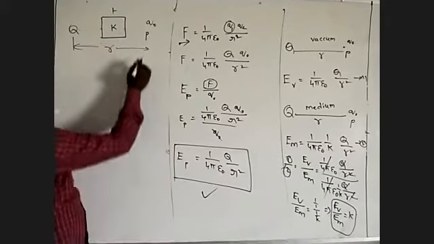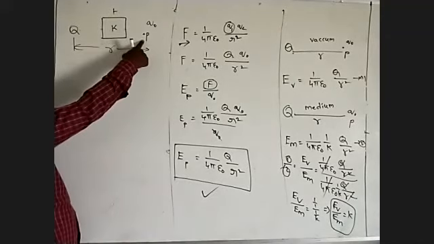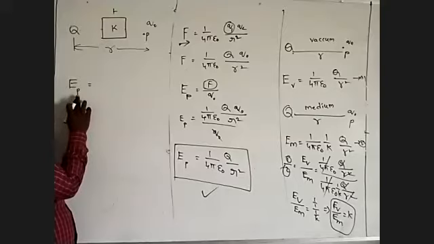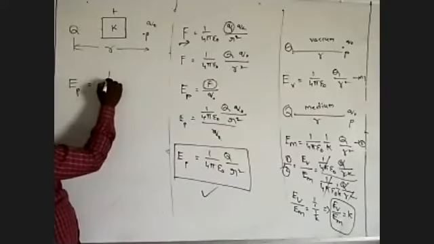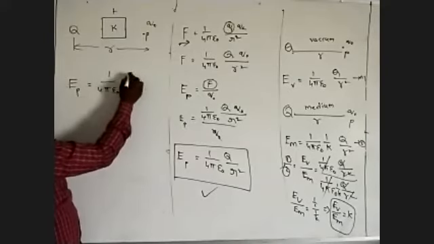Now at this point P, we have to calculate the intensity of electric field. We know the formula: 1 by 4 pi epsilon naught capital Q by R square.